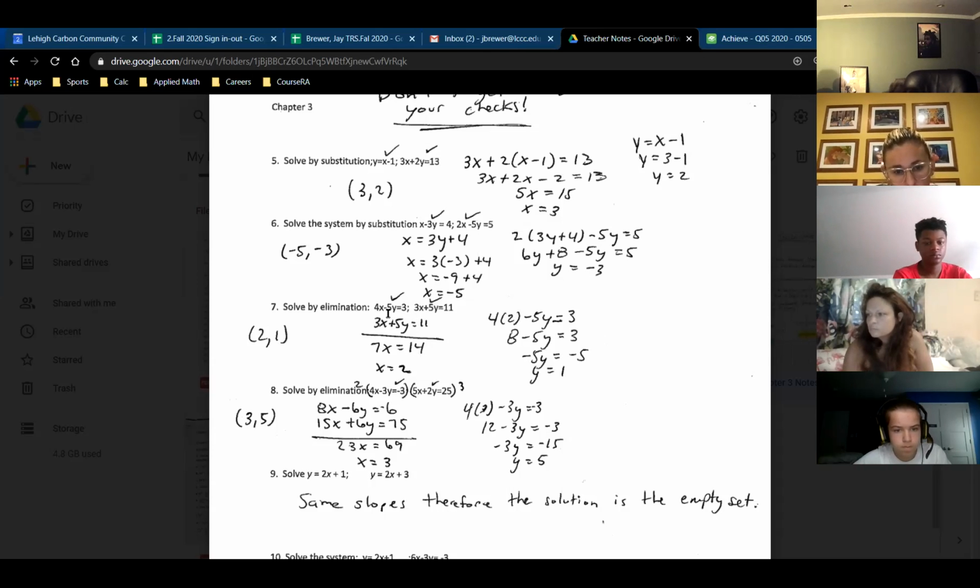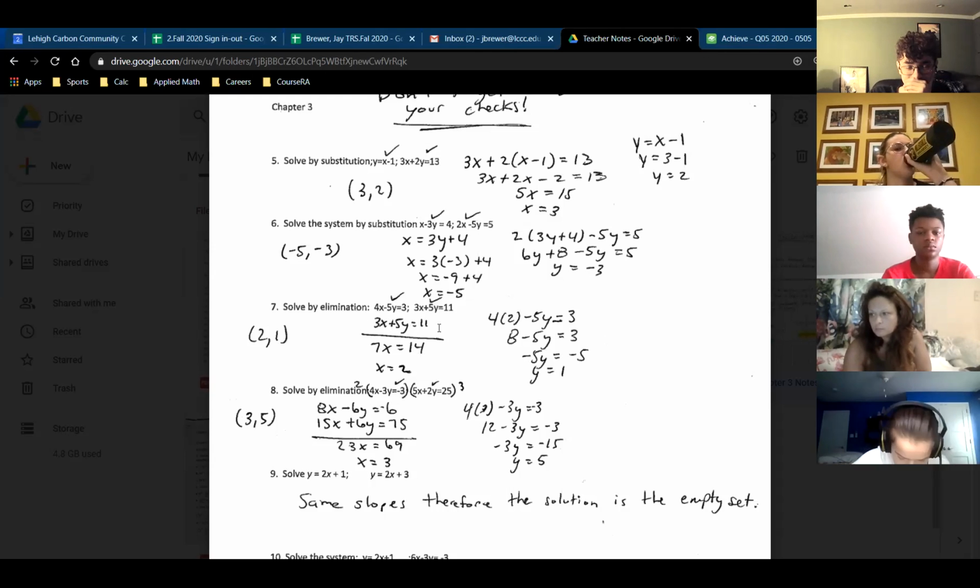Okay, so it's kind of crappy the way I wrote it, but I didn't have a lot of space. So you have to look at the top equation, the 4x minus 5y equals 3. And then you're adding 3x plus 5y equals 11. So your negative 5y and your 5y cancel.